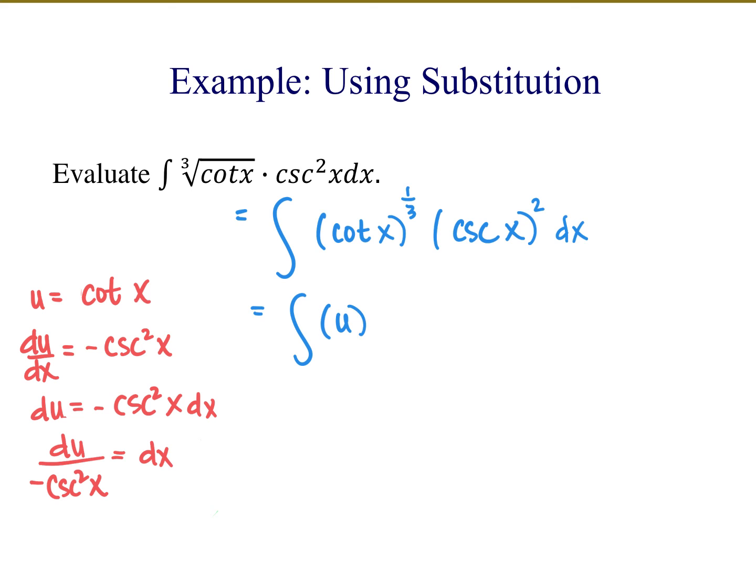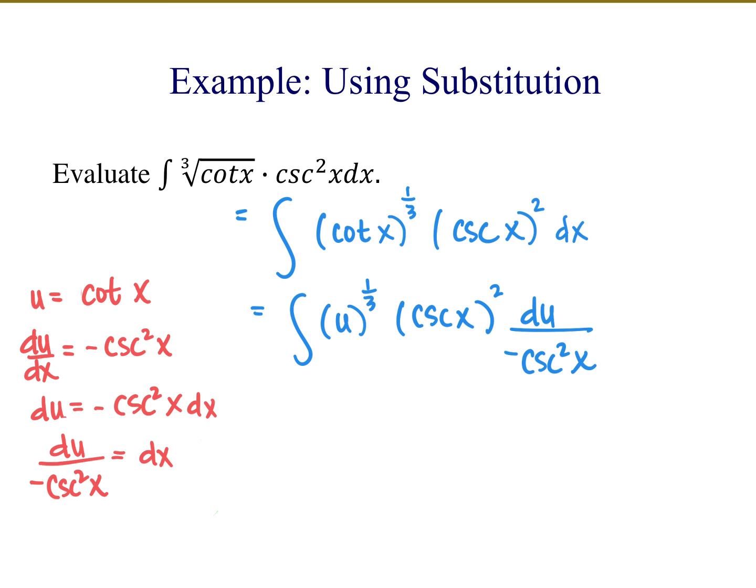So we have u to the 1/3, which is what we chose. We didn't choose cosecant squared x, and then the du, the differential, is negative cosecant squared of x. That is a better choice for us, because everything fully reduces except one thing. What's the only thing that doesn't reduce?